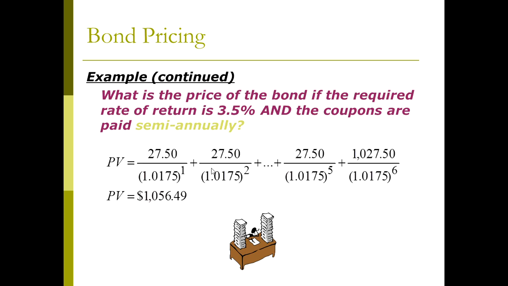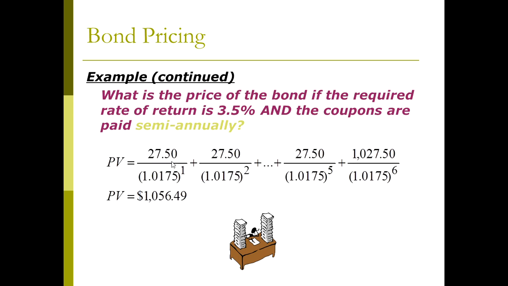Well, then it becomes a little bit tricky because 5.5% coupon payment means each year you receive $55 coupon. But the coupons are paid every 6 months, twice a year, which means you cut the $55 coupon payment in half, $27.5.